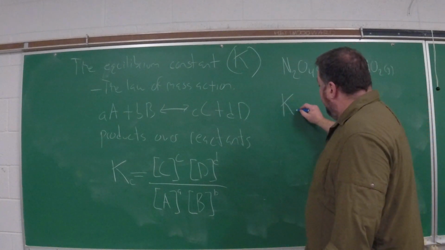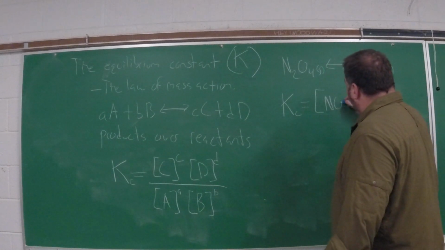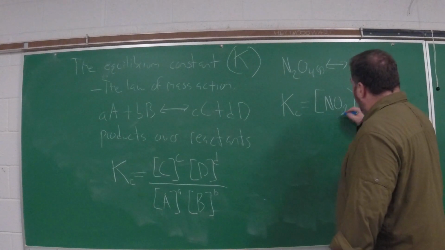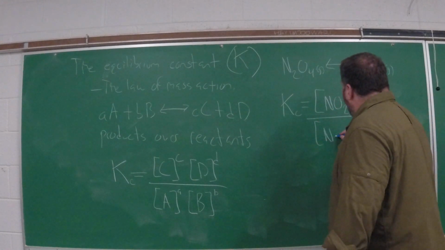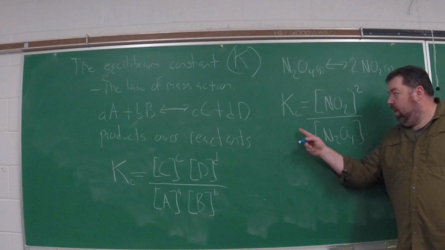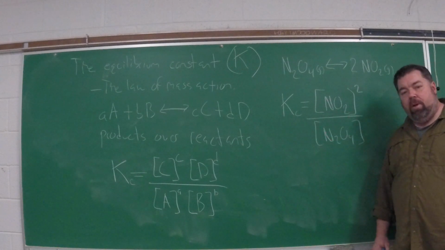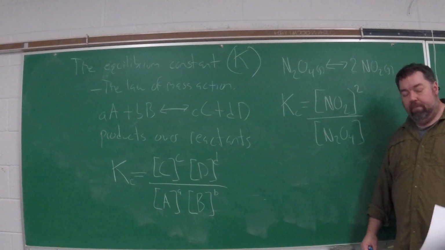Kc equals, again, products over reactants. Look at your notes. That's what we had a moment ago, except I didn't have the subscript c. Again, this will apply at equilibrium only.